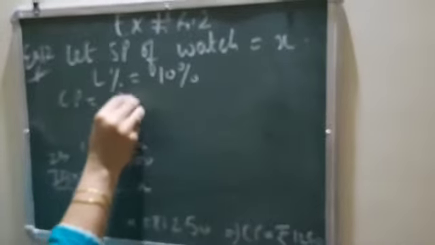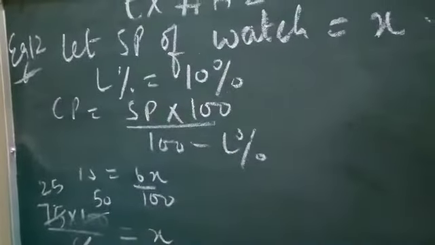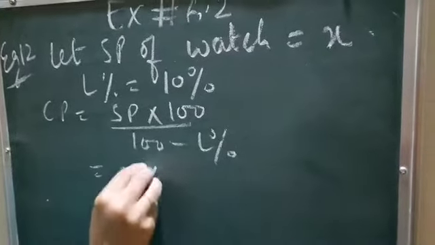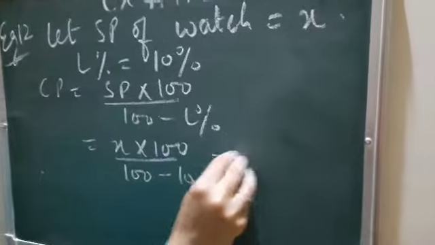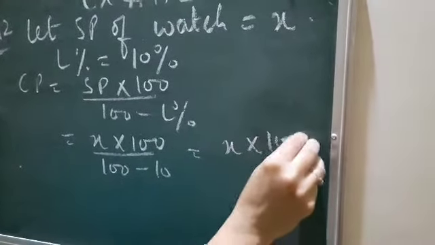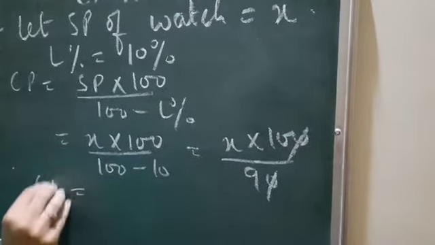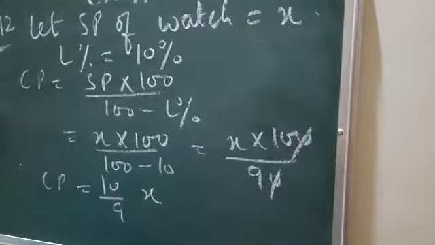CP is equal to SP into 100 upon 100 minus loss percent. Put the values. X into 100 upon 100 minus 10. So X into 100 upon 90. That means CP is 10 upon 9x. Okay, this is your CP.